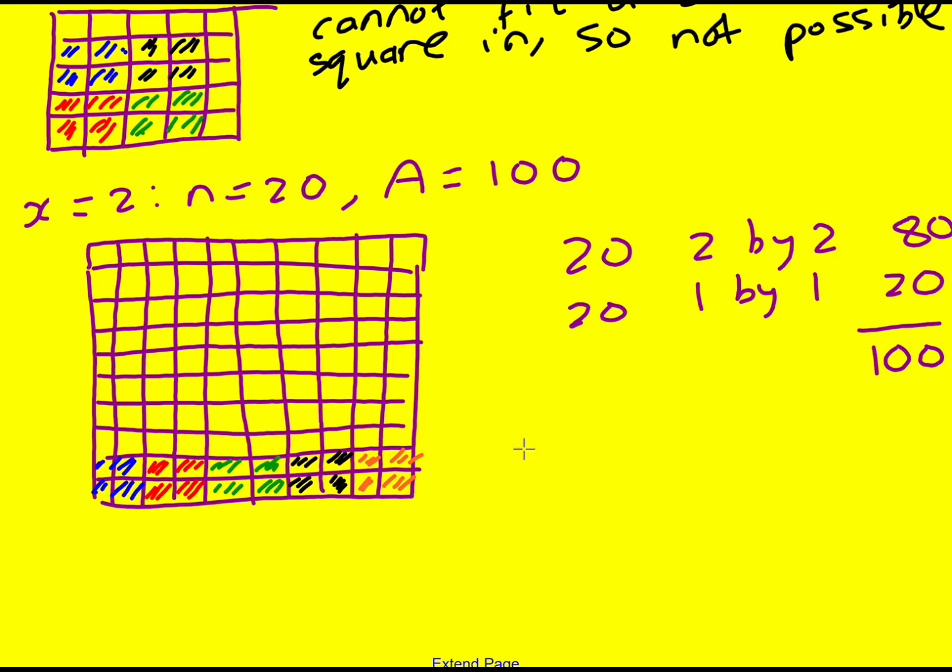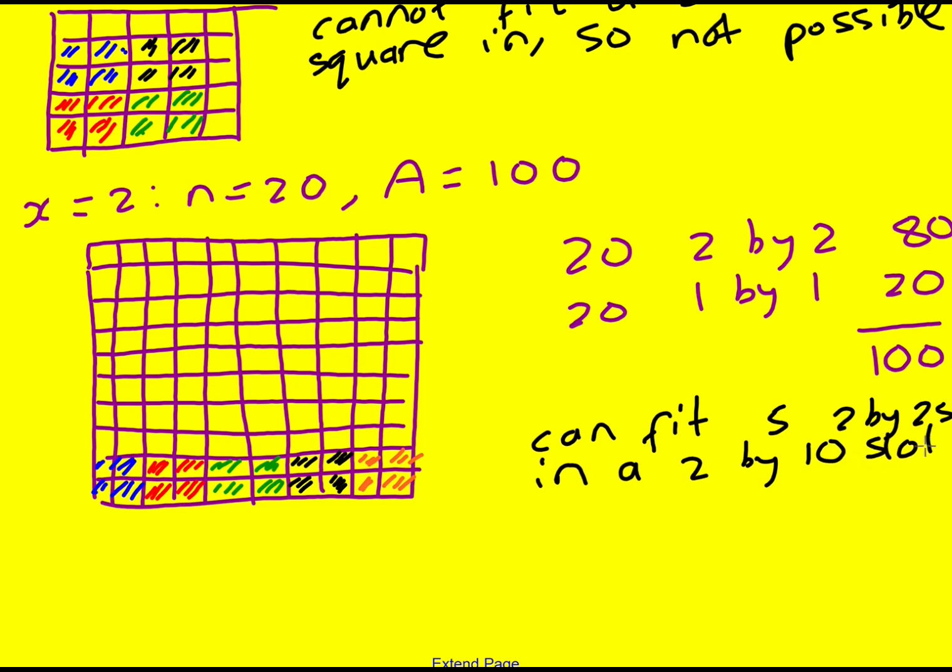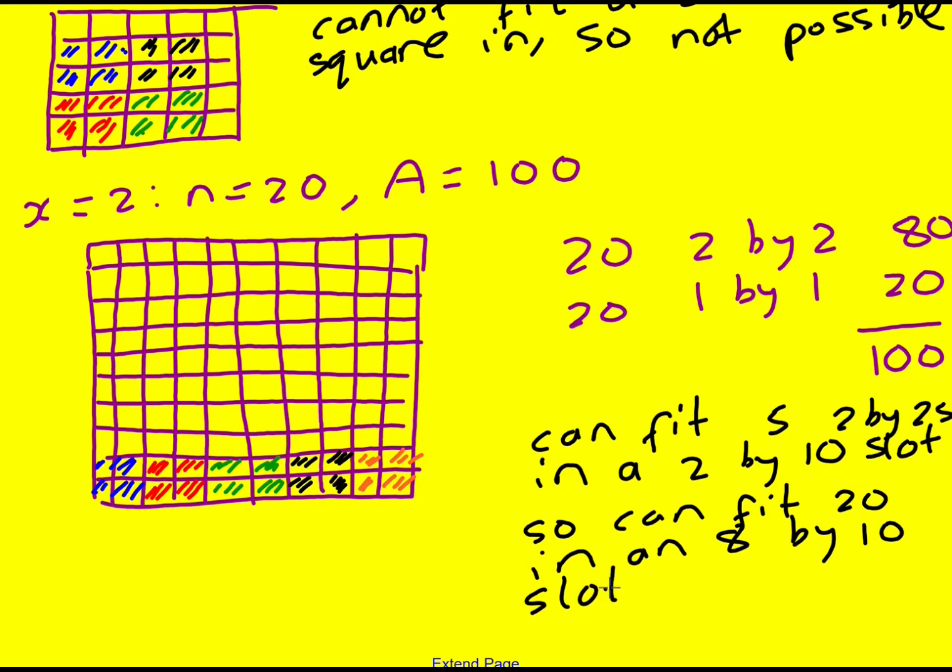And that's great because we can fit, and that might even be enough, can fit 5 2 by 2s in a 2 by 10 slot. So we can fit 20 in an 8 by 10 slot.